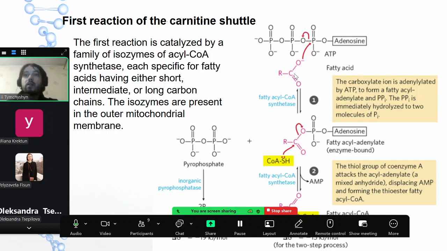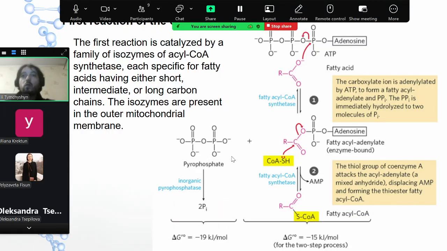That will be the pyrophosphate. We have previously seen reactions that give up pyrophosphate.